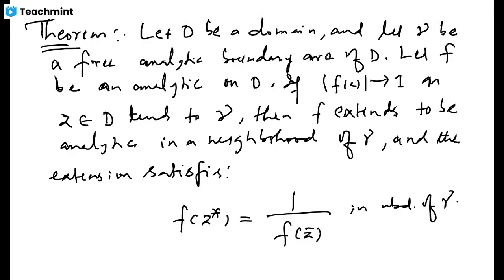And how is that? See, we have a domain. Suppose this is a domain, and let's take this part of the boundary to be gamma.